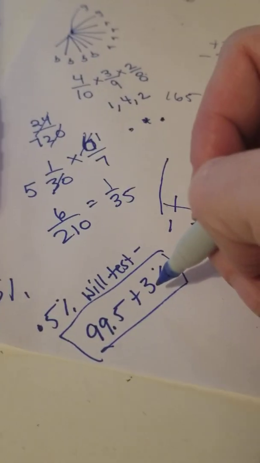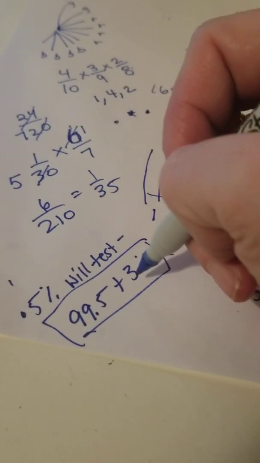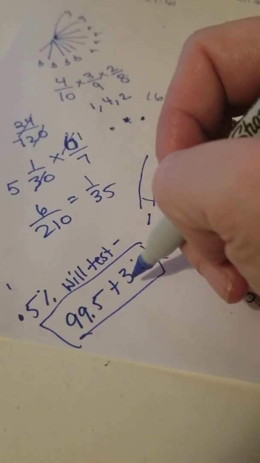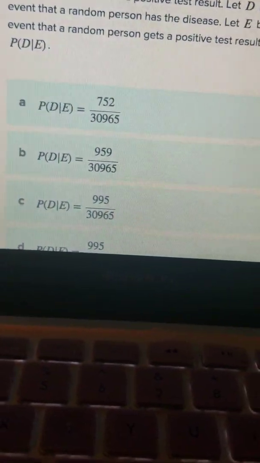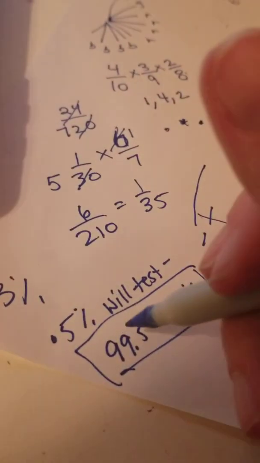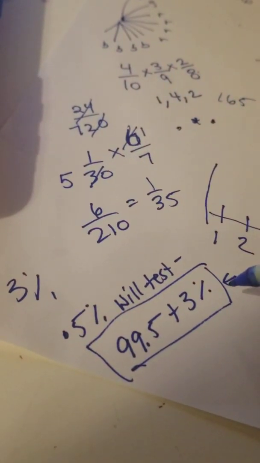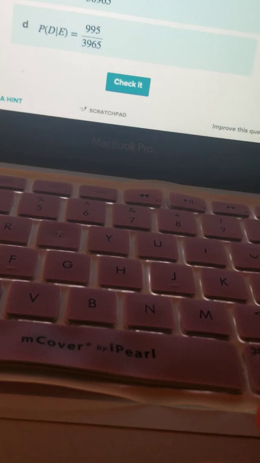So that would be, all right, so which, 0.1% of the population has it? So maybe I add those together. Add them together.